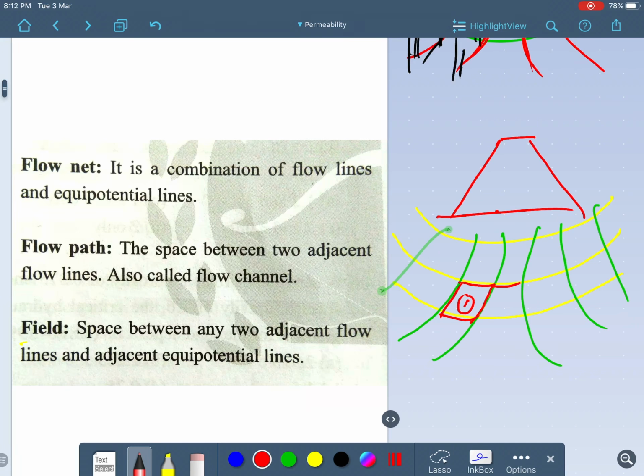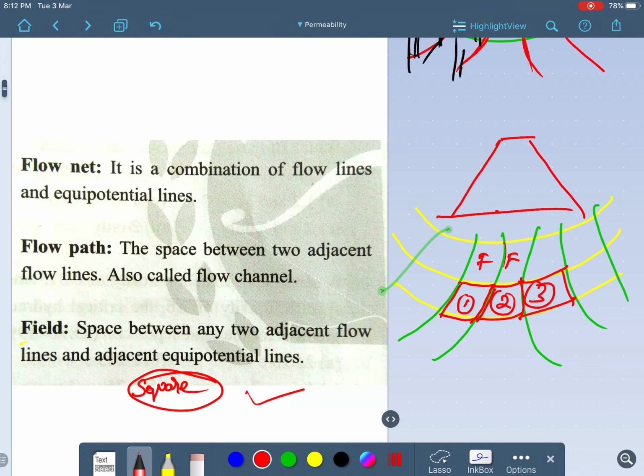Field number 1, field number 2, field number 3. The space between two adjacent flow lines and adjacent equipotential lines is called a field. All these are fields. Normally the shape of the field will always be square. Please make a note of this point. Fine.